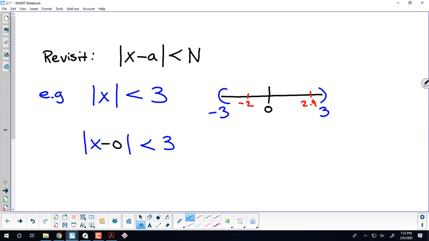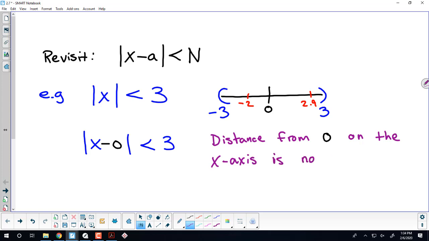So the way we're reading this statement is: the distance from 0, and since we have an x, it's clearly indicating the x-axis, the distance from 0 on the x-axis is no more than 3 units.